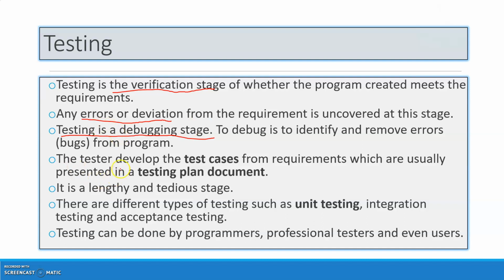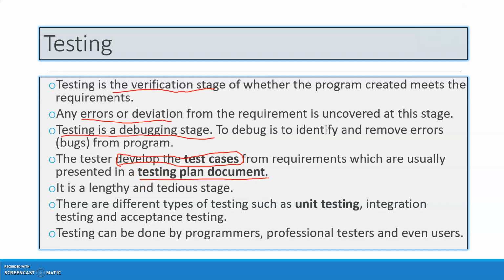So usually a tester will develop test cases, will come up with different cases to be tested, and those test cases will be presented in a formal document which we call test plan document.